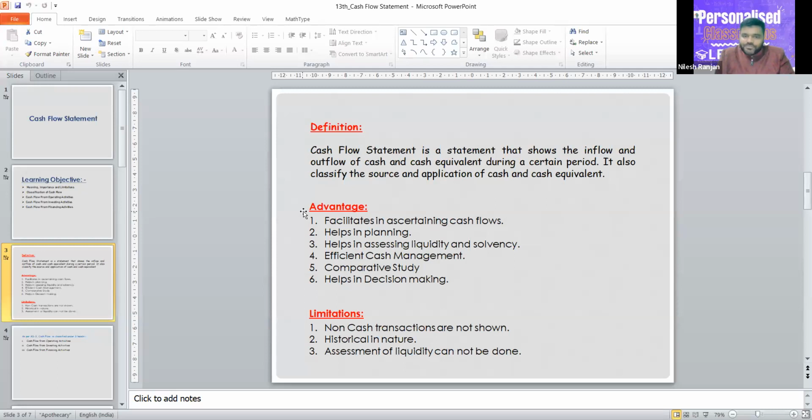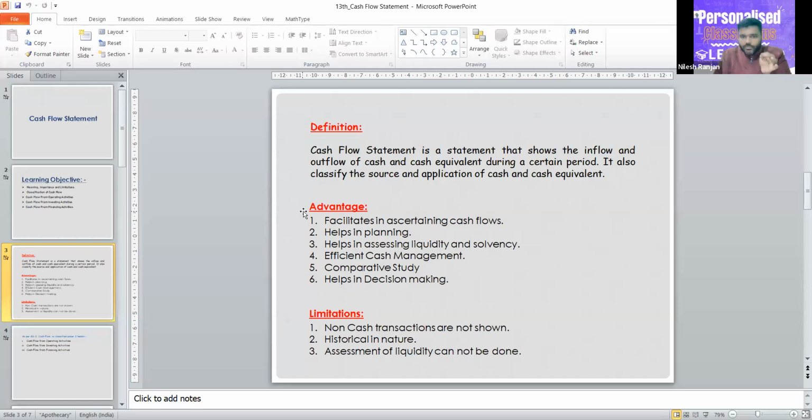Very good. And solvency is the ability of the firm to meet their long-term financial obligations. Very good. So liquidity means how much cash we have, or in the short term, will we be able to pay our liability or not, like interest or any liability which we have to pay within 12 months.